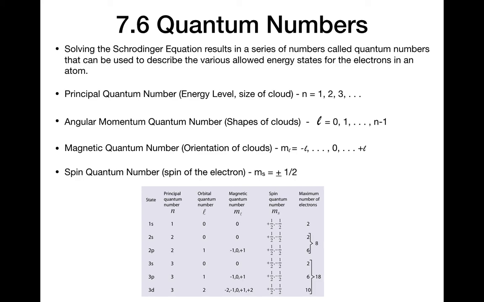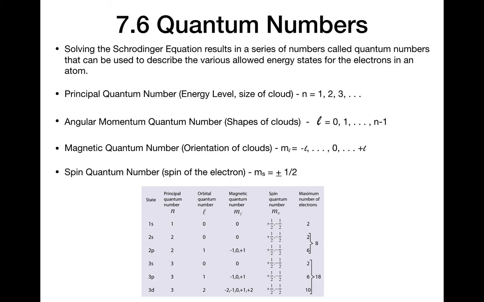For the 2p, N equals 2 and L equals 1, so the magnetic quantum number can be -1, 0, or +1, for 2px, 2py, and 2pz. Each of those 2p orbitals can hold 2 electrons, one with plus 1/2 and one with minus 1/2 spin. With 3 orientations, you can have 6 electrons.